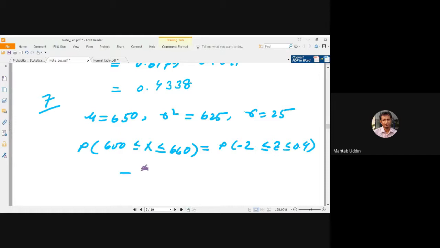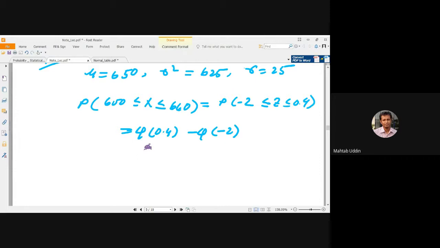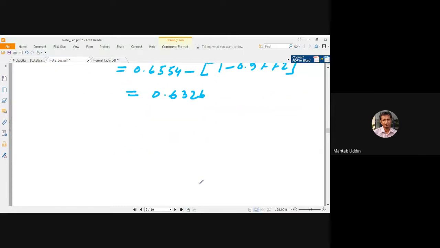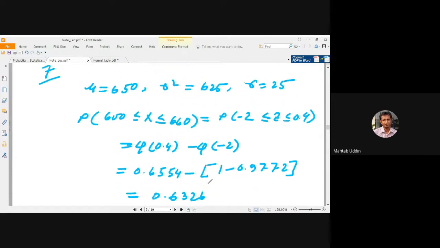Then phi of 0.4 minus phi of minus 2. You can write here 0.4 has the probability 0.6554 minus 1 minus phi of 2, which is 0.9772. After the solution, you get 0.6326. Okay, you understand? Yes, sir.